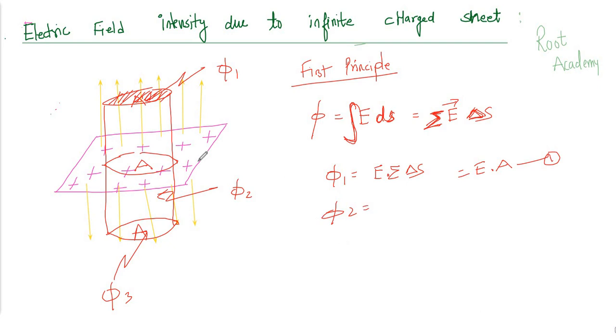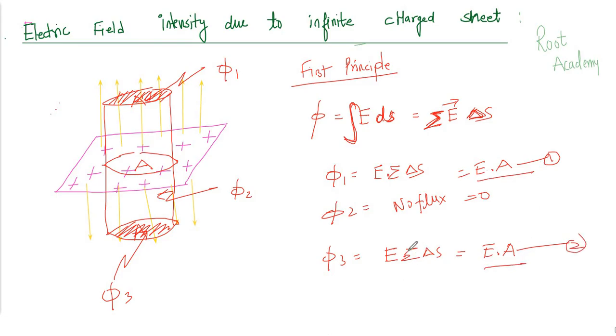The flux over the curved surface area. All around it, if you observe, there is no flux. Correct? So its value will be 0. And what is phi 3? Phi 3 is the flux over the down surface. So it will be exactly the same as the top one, which is E into A.